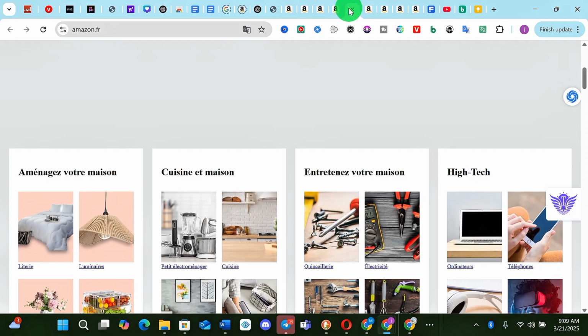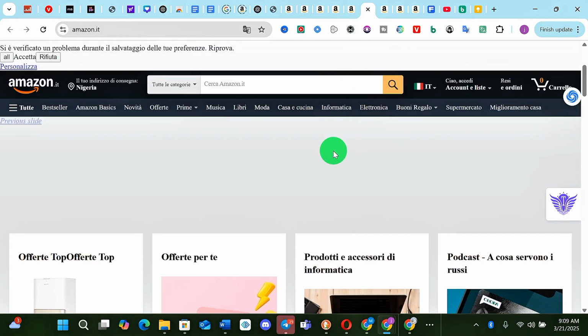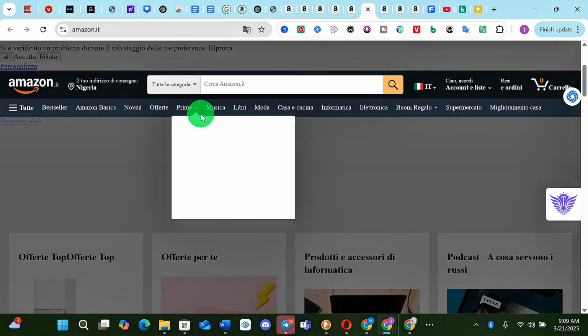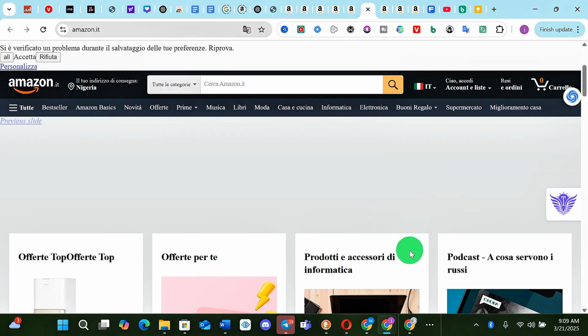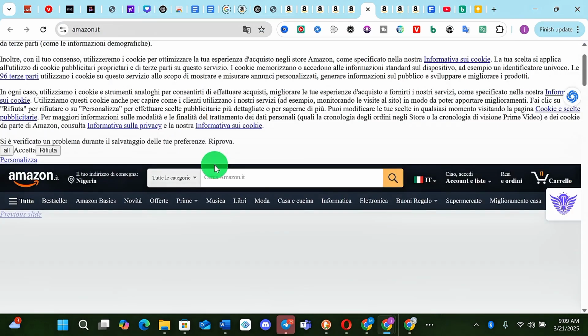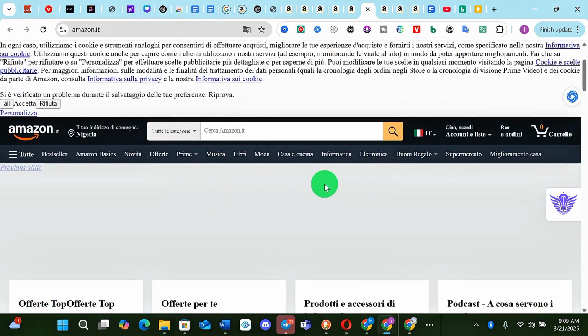Another marketplace that really sells very well is the Canadian market. The Canadian market has about 160 million people visiting it monthly. Okay, this is the Italian market. Sorry, the Italian market actually has about 158 million people, Amazon.it.